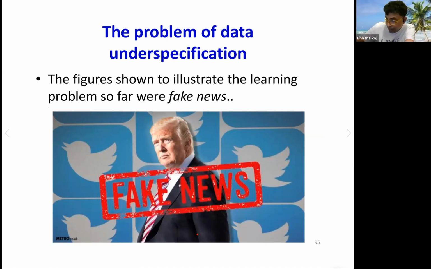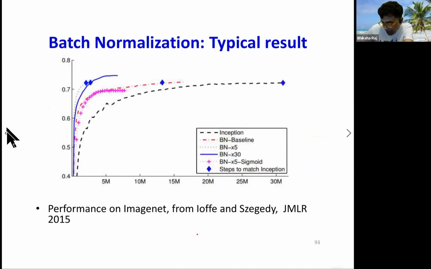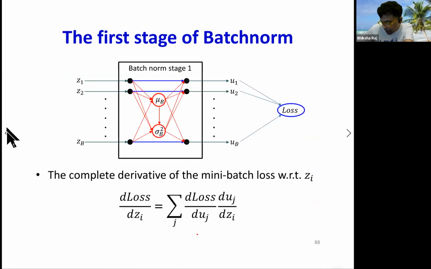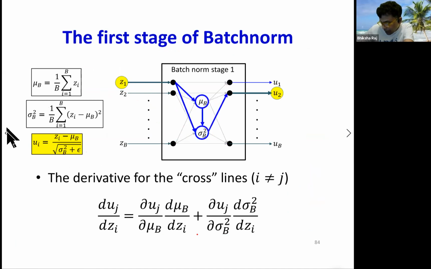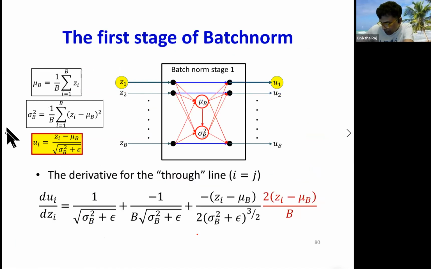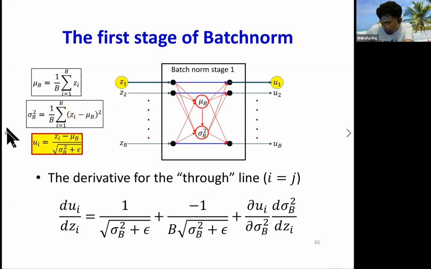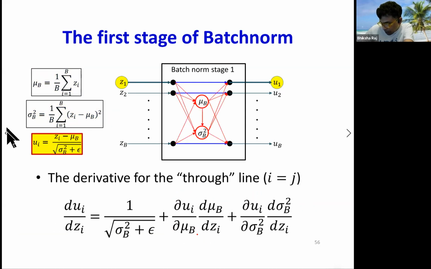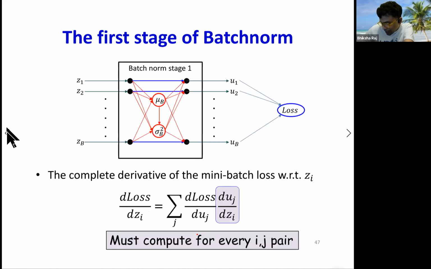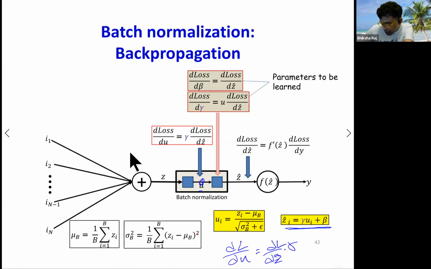So gamma and beta are learned parameters. Remember, beta is really just the bias for the neuron, right? When we performed our computation over here, by the time we got to U, we had already computed the derivatives with respect to beta and gamma.